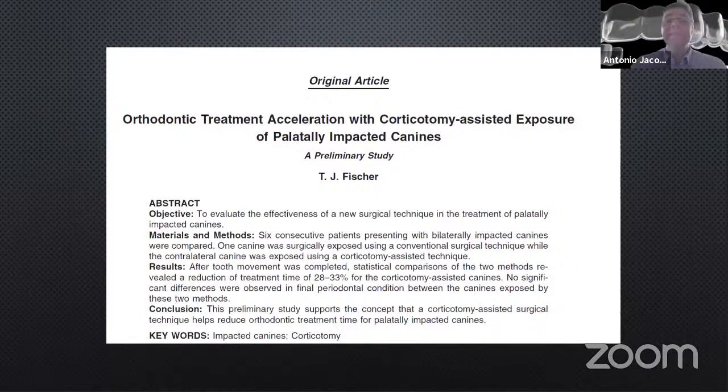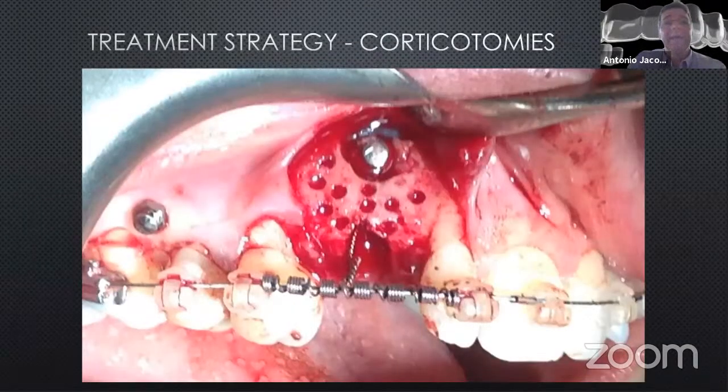And the conclusion is that the corticotomy-assisted surgical technique can help and reduce orthodontic treatment time for palatally impacted canines. So it's a technique we can use, associating mini implants and corticotomy to bring the canines to the proper position. Okay.